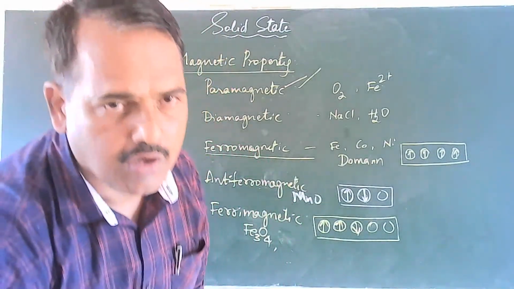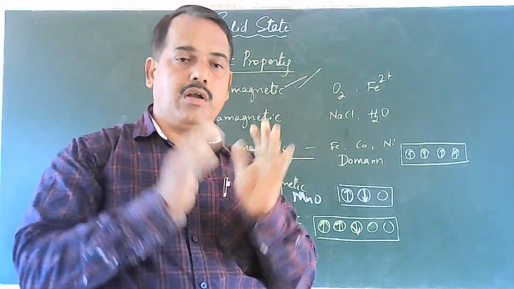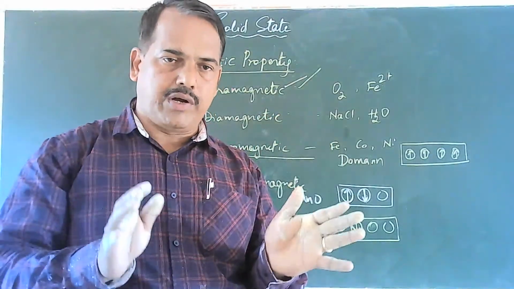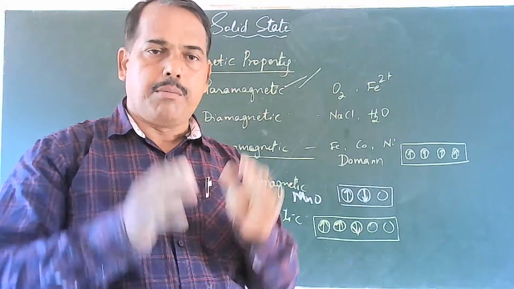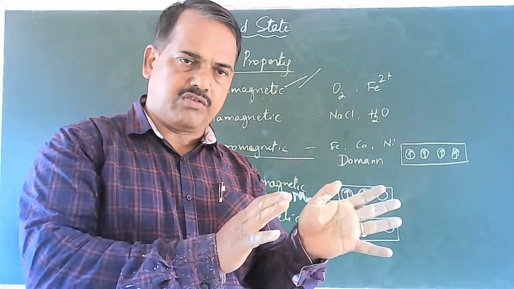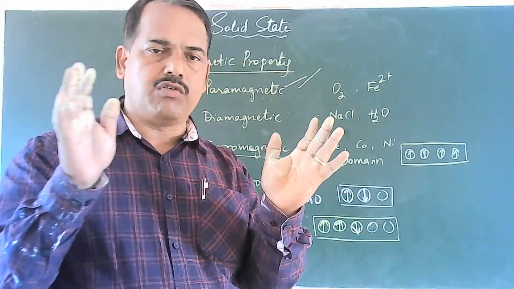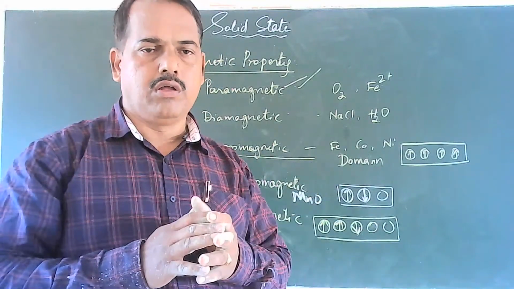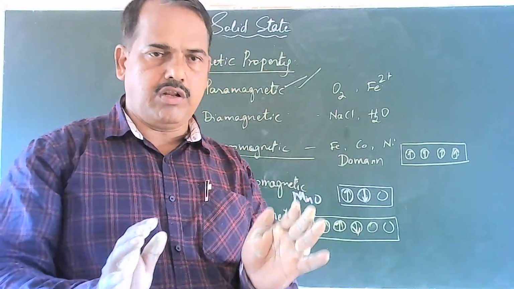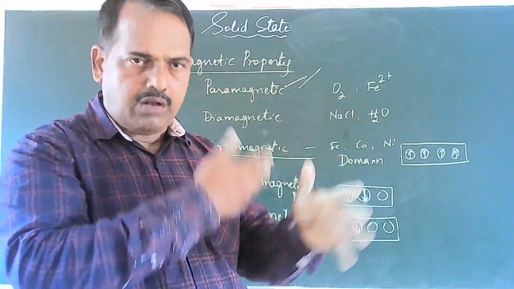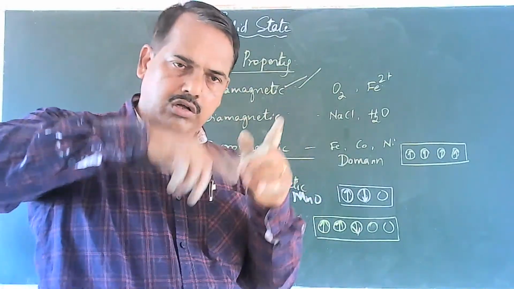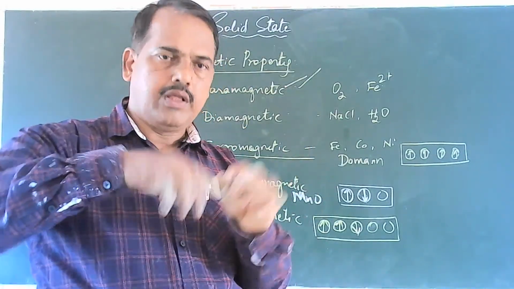Dear students, you studied about different types of magnetic properties in solid state. Magnetic property of any substance is due to the presence of unpaired electron. Whatever electron is present shows two types of motion: orbital motion, and motion along the axis.